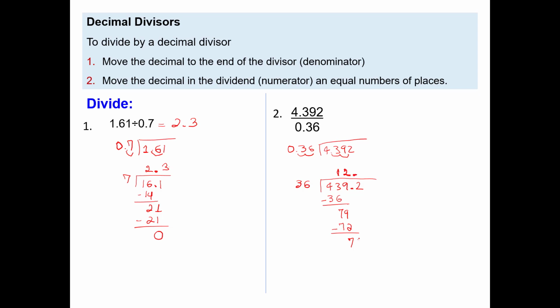Bring the 2 down. How many 36s are in 72? 2. 2 times 36 is 72. See. Then when we divide these two numbers, we have 12.2. That's 12.2.